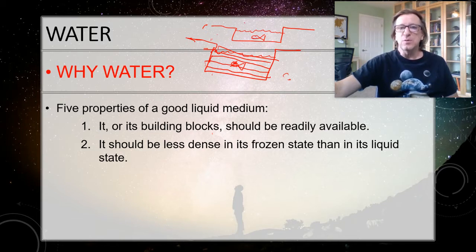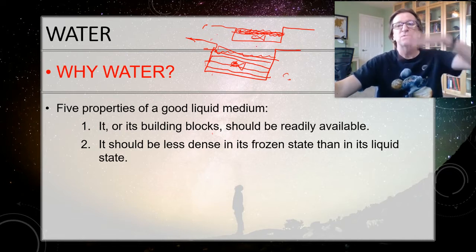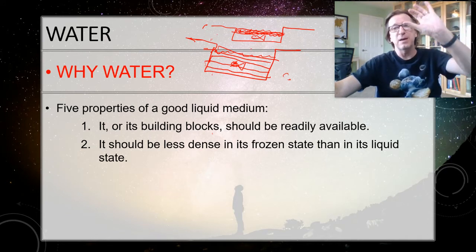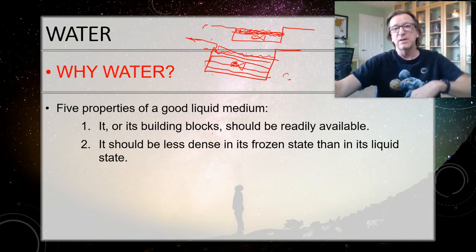Well, let's say the cold snap comes, this top layer freezes, but it's less dense than the water. So you get this layer of ice, of frozen liquid on top that protects the liquid underneath from freezing. So this will stay liquid, whereas this will stay solid. And this is why ice fishing works. The water doesn't freeze from the bottom up, it freezes on the top, and then that insulates the water underneath. And your fishies are happy, they just keep on swimming.